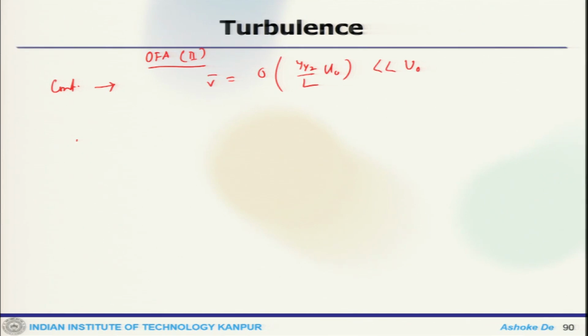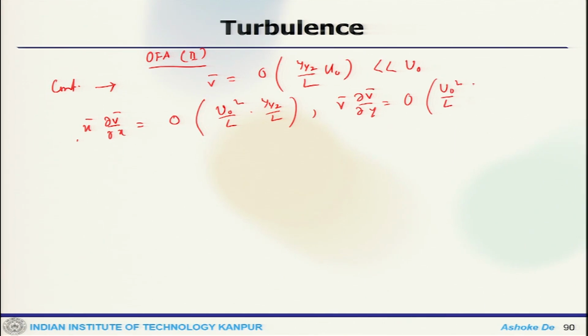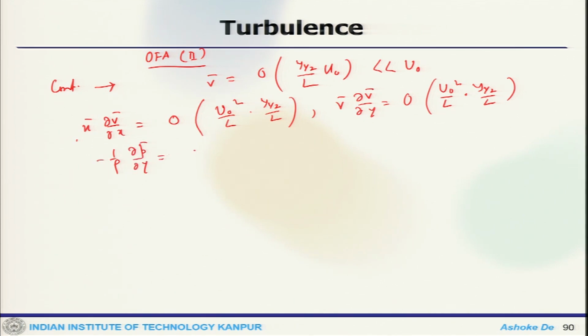Now, we can estimate the terms in the y momentum equation. u bar del V by del x would be of order u naught square by L times y half by L, and V del V by del y would be of order u naught square by L times y half by L, and 1 by rho del p by del y is actually not known a priori.